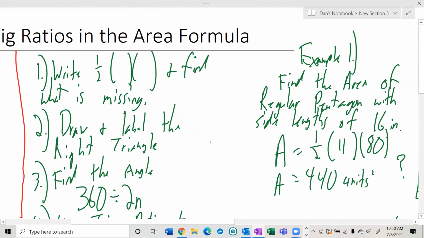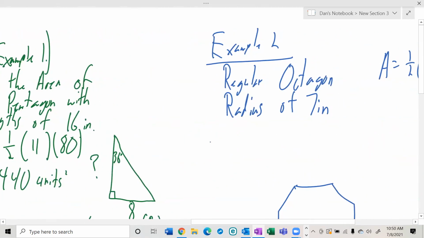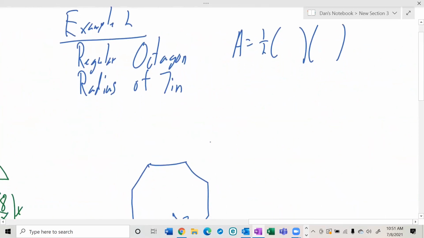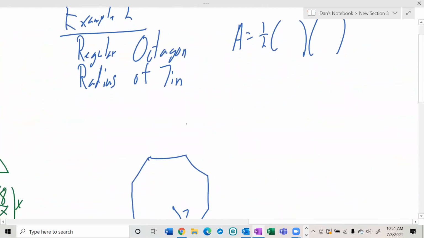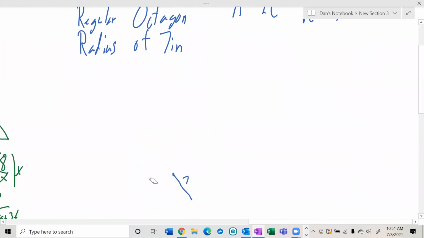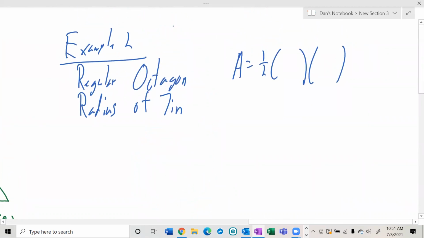That's okay. On to step 2, draw the right triangle. So we're going to draw our little right triangle. It doesn't matter what it looks like. And right now, we have one of these 3 sides. It told us one of the 3 sides.